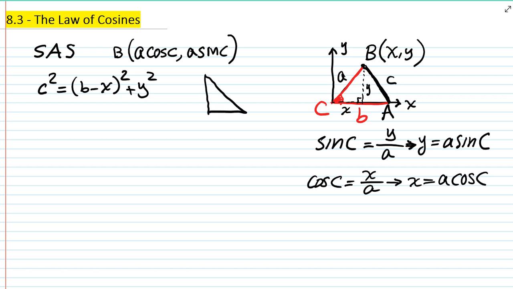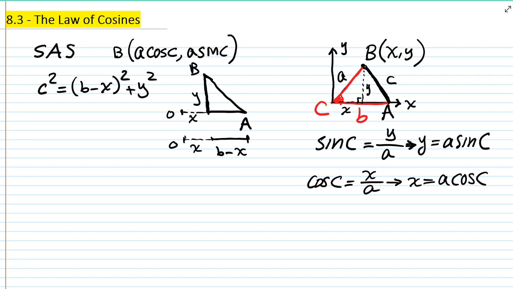I'm looking at this triangle. Here's B. This is A, and here's Y. This distance is actually B minus X. I'm looking at this portion, right? Remember, this is X. That is X.